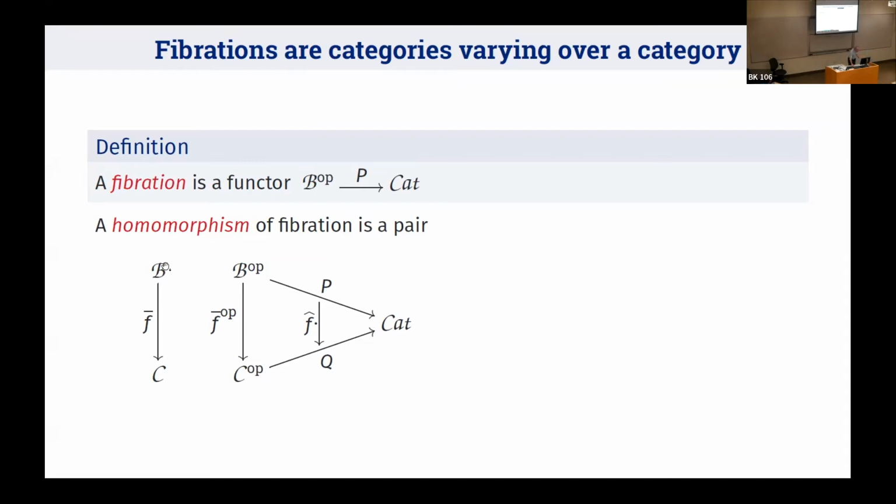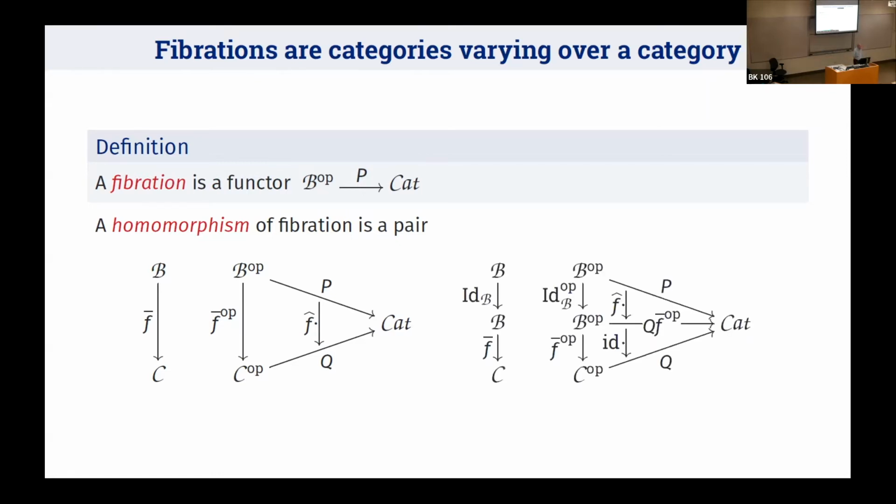It's a functor from the base to the other base, and according to the transformation between the bases, there are natural transformations between the various categories that are given by the fibration. If you don't know what a natural transformation is, don't worry, they will not come in very often, but just to give you an idea that it is almost straightforward to define what a homomorphism of fibrations is, at least with this approach.